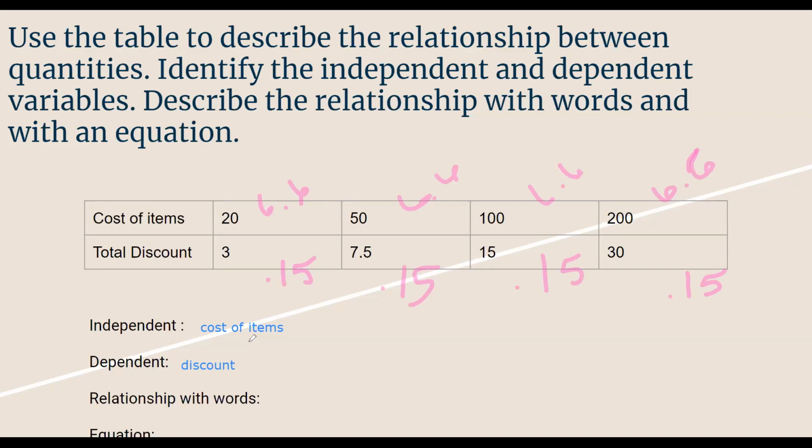But you need to make sure you're taking your dependent and dividing it by your independent, because when you write your equation, just bear with me, when you write your equation, your independent is going to be the number that you either add to or multiply by. So your dependent variable, this is going to be your end result.